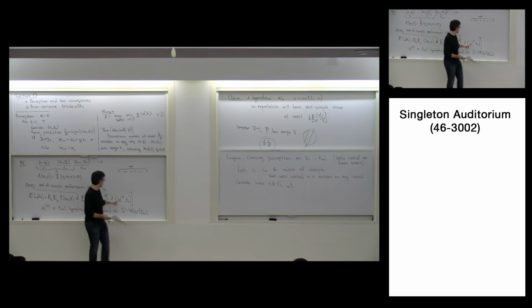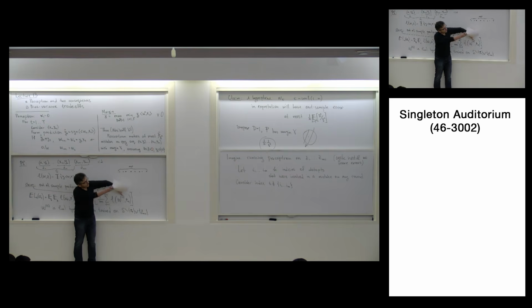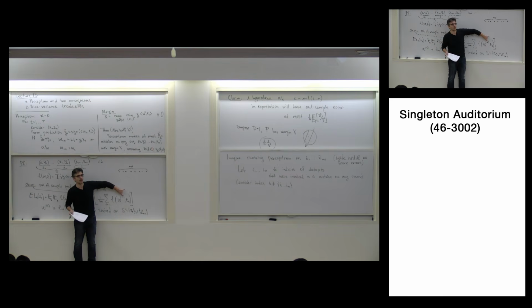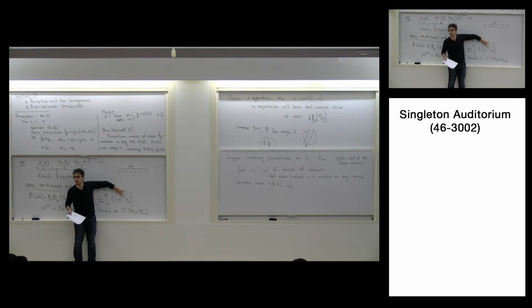But if you consider index t, which was not in that set I1 through IM, then whether ZT was included or was not included in the original data set doesn't matter. No correction was made ever on that. It was always predicted correctly. So this W without the T would have been the same if you included or didn't include the data point. And this is correctly predicted by this W without the T, right?